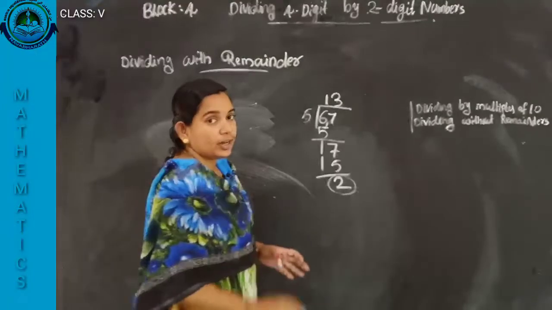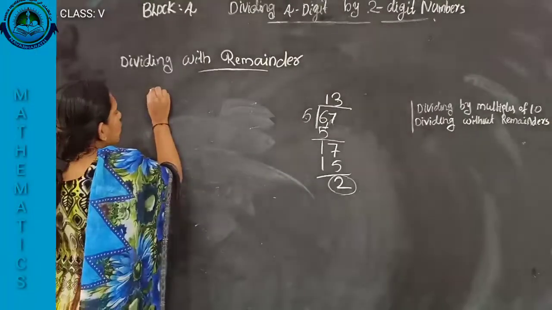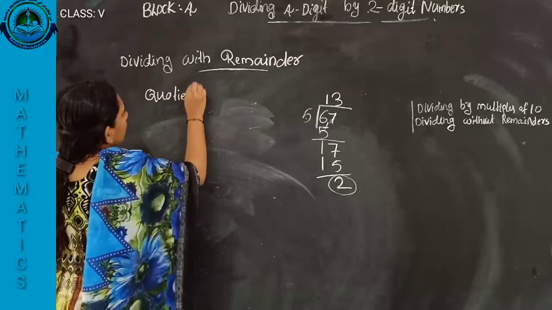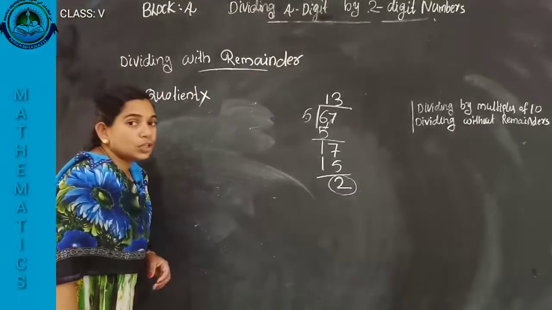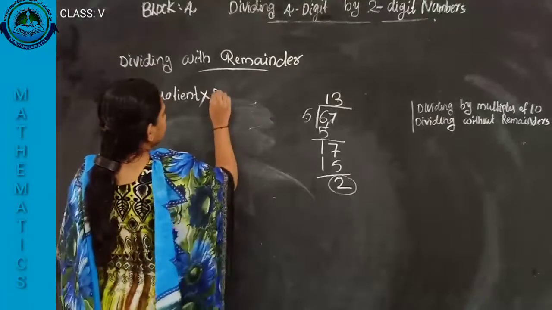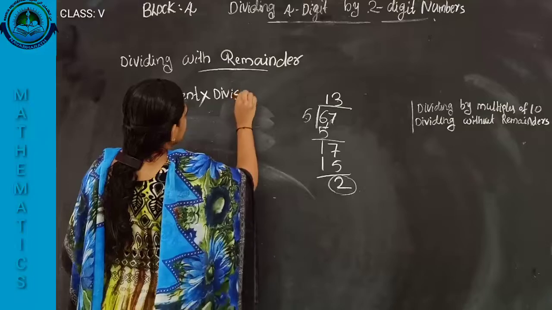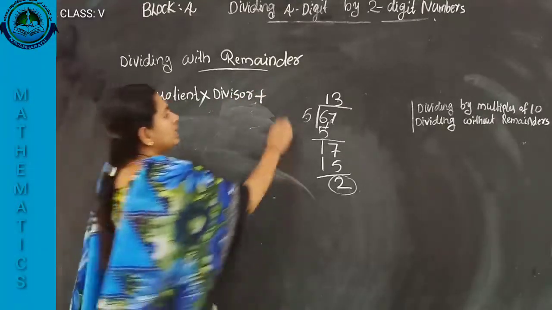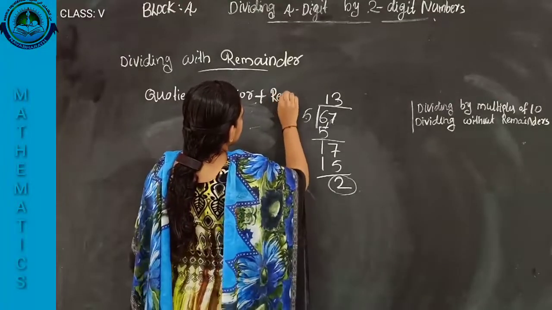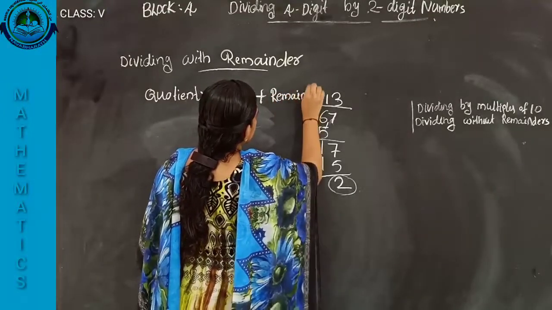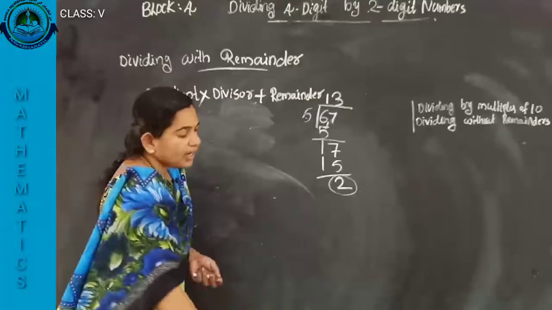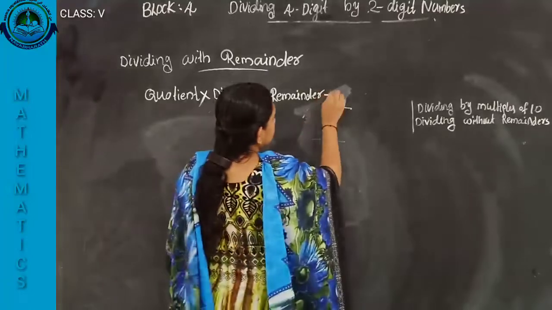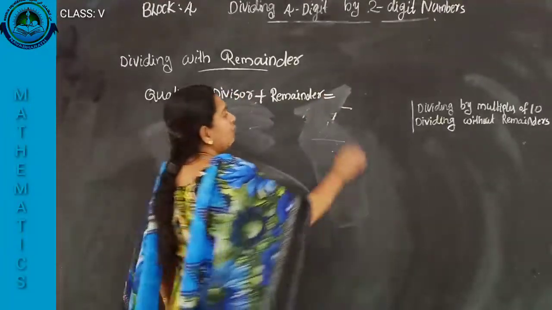What is the equation? Quotient into divisor plus remainder is equal to dividend.